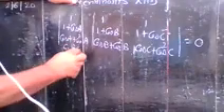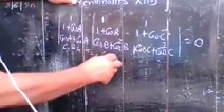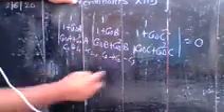Yes, that question is the same as the previous question which you solved yesterday. Trying to simplify, here you apply the operation C1 replaced by C1 minus C2 and C2 replaced by C2 minus C3.